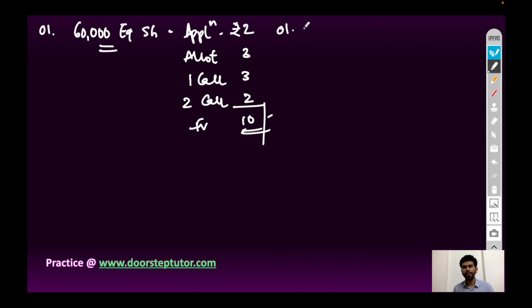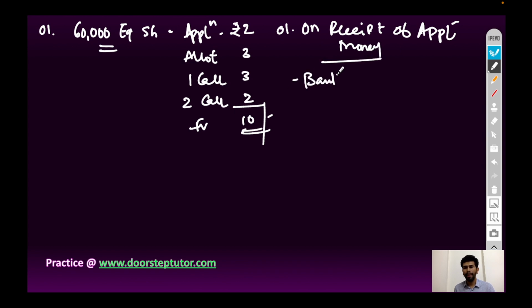First journal entry will be on receipt of application money, so the journal entry will be bank account debit to share application account. Amount will be 60,000 into 2, 1,20,000.